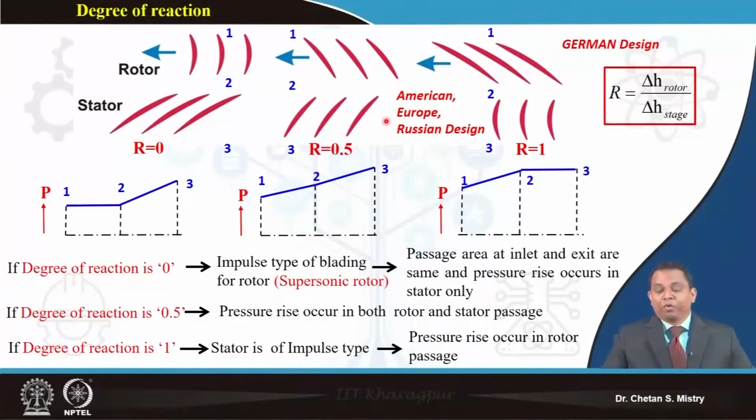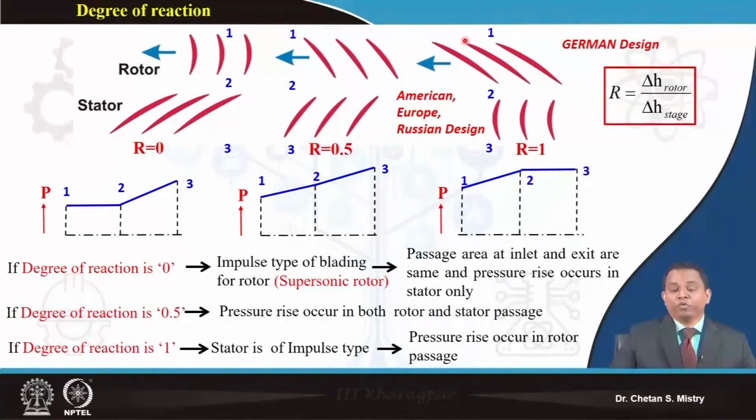Now here if you look at, this is my third case where my degree of reaction is coming, say, 100%. So what is the case? If you look carefully, for my rotor, now I will be having my passage area changing from entry to exit.